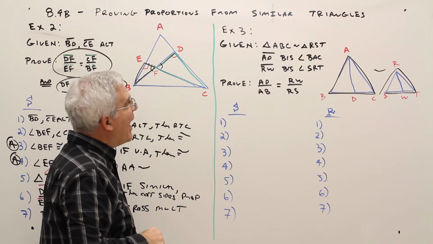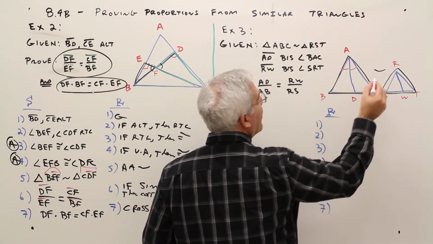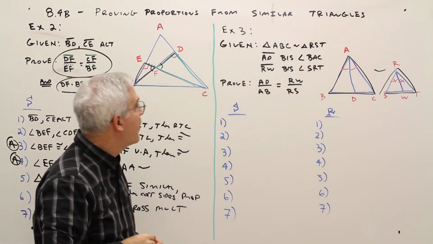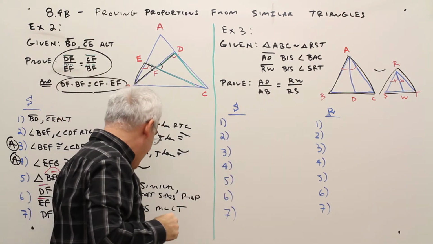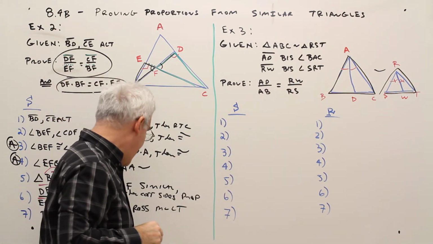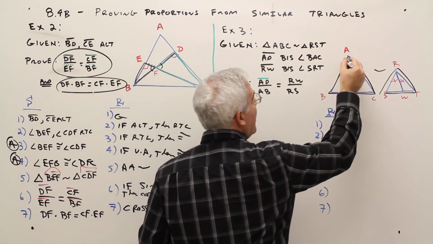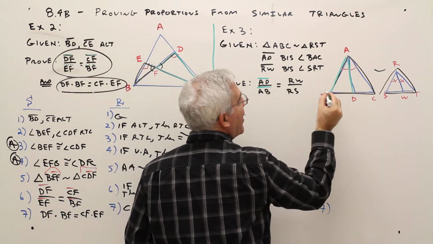They've got AD, so I've got an angle bisector here, and I've got an angle bisector over there. And I want to prove this. So again, I'm looking at the lettering. I'll outline it in green. I've got an AD, an AD, an AB, an AB.